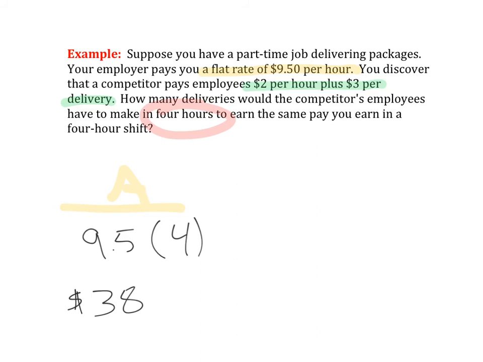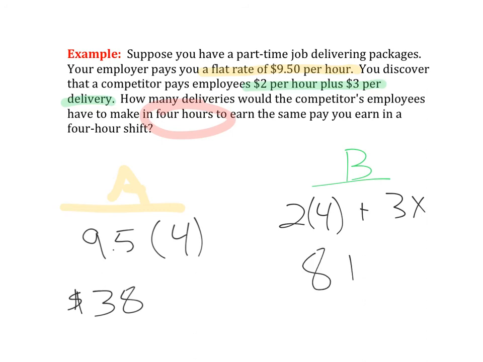Scenario B says that we are going to be going $2 an hour, so $2 for 4 hours, plus $3 per delivery, and we don't know how many deliveries we had. So that's going to be 8 plus 3x there.